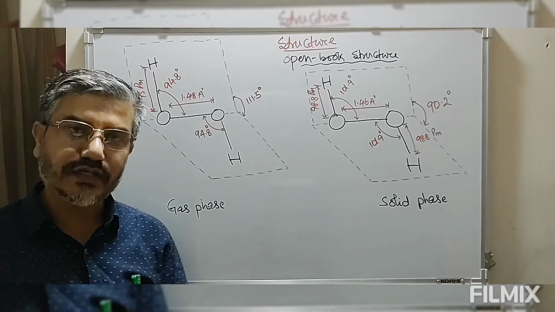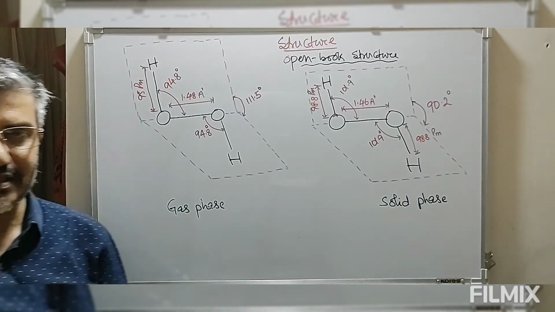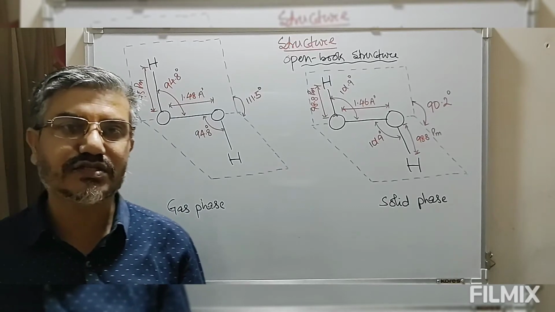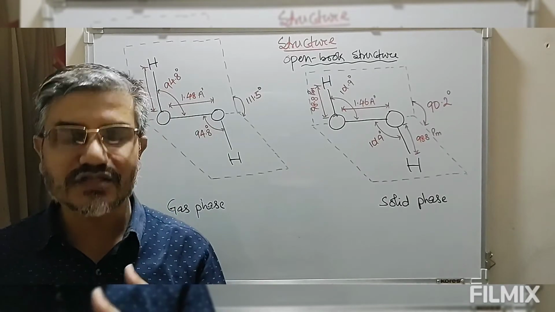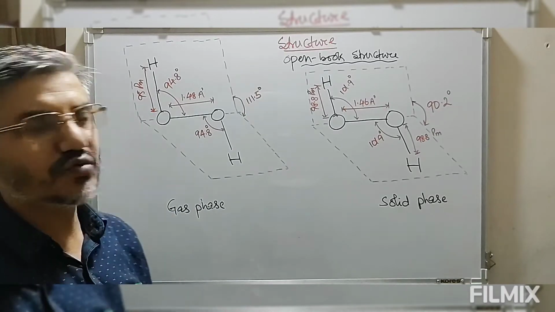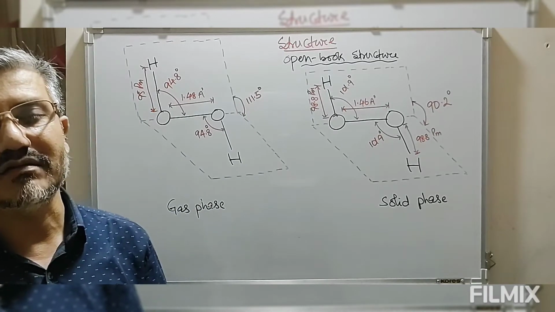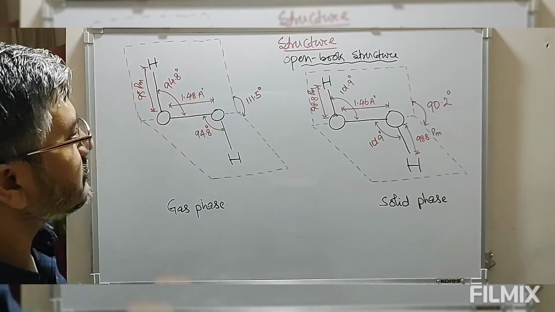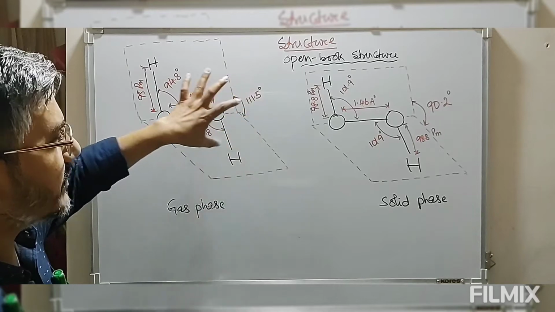Now in liquid and solid phase, there is extensive hydrogen bonding. Because of this extensive hydrogen bonding in solid or liquid state, there appear to be slight changes in the dihedral angle, that is the angle between the planes. This was 111.5 in gaseous phase.